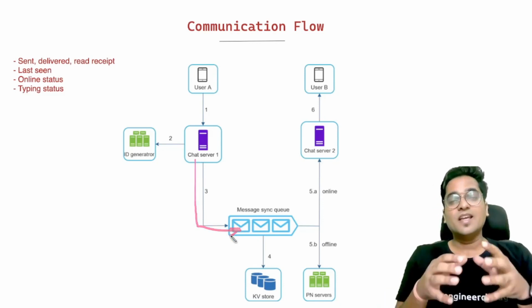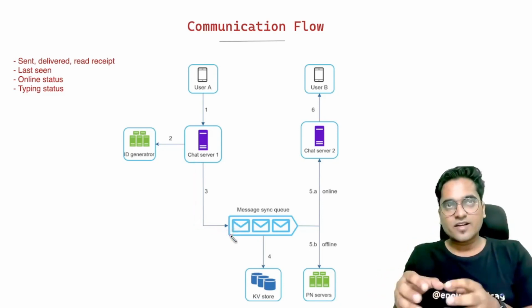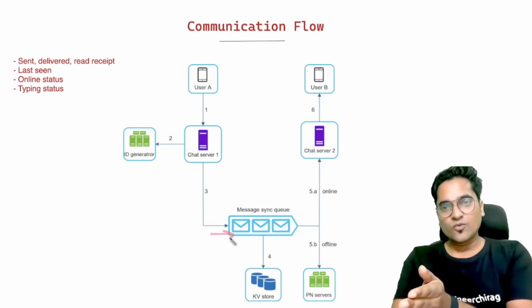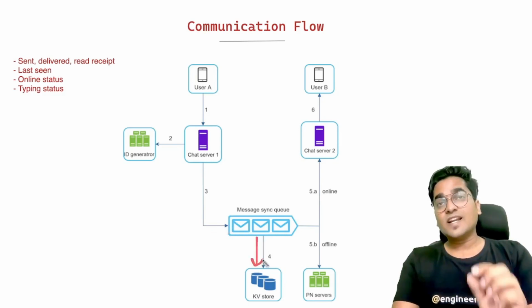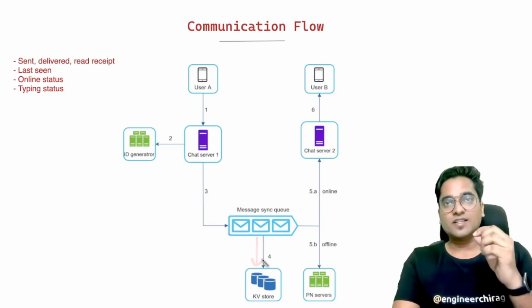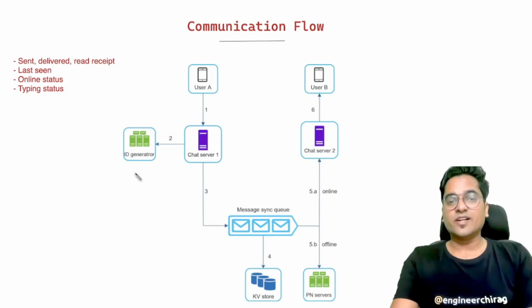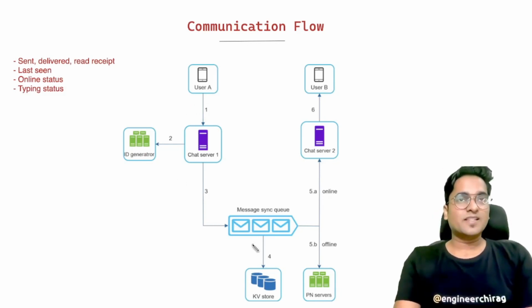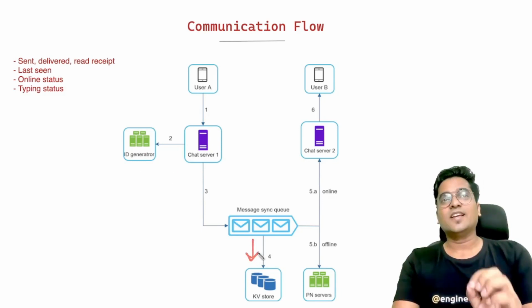There are multiple messages coming in, with multiple chat IDs generated. As it passes through the queue, it stores information as key-value pairs, related to the ID that is generated, like the unique identifier, who the user is, and what kind of message is being sent. But the actual message is not stored over here, which is very important to understand. So that is what is being stored.